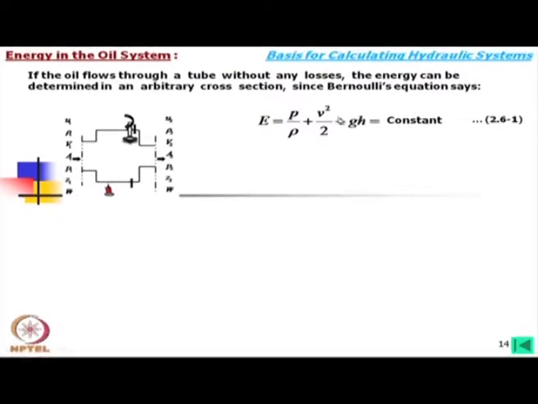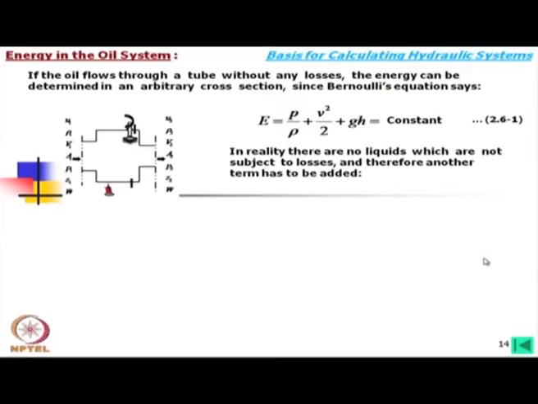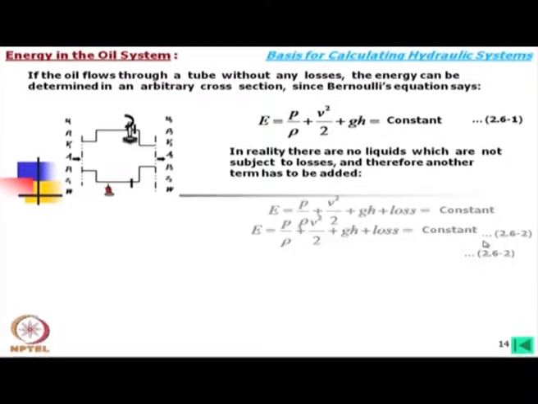Usually we will write the equation following Bernoulli's equation, but there are losses. In reality, there are no liquids which are not subjected to losses, and therefore another term has to be added. Adding this loss, it becomes a constant.